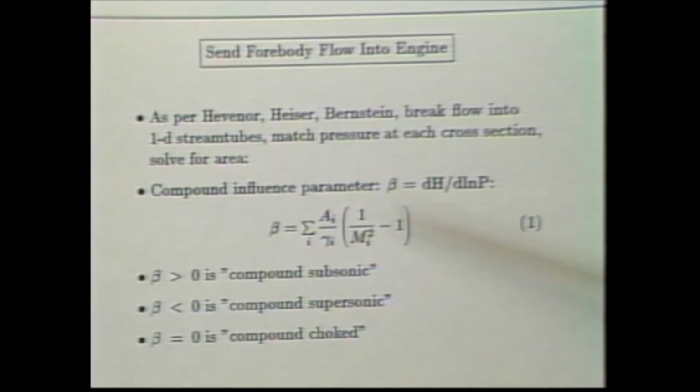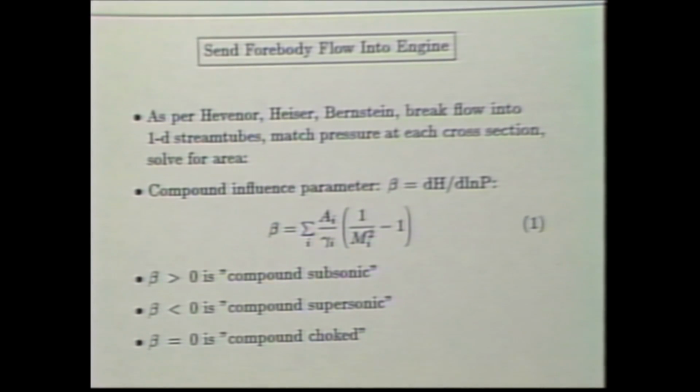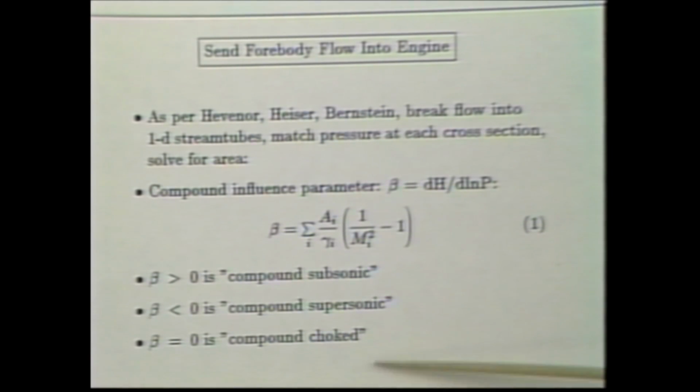And they developed a very elegant one-dimensional theory of what happens when stream tubes of different speeds encounter area changes. And they defined a parameter which they call the compound influence parameter. They gave it the symbol beta. And beta is a way of evaluating whether the compound flow behaves as if it were subsonic or supersonic or choked.